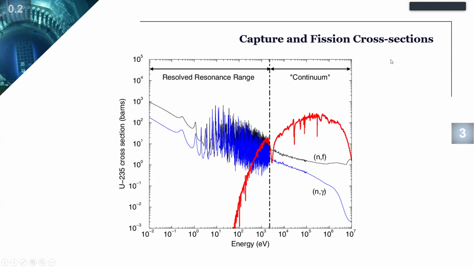And of course, if we're talking about fission cross-section, in this case, this material absorbs the neutron, but then the neutron facilitates further fissioning process, or the splitting of this particular target nucleus.